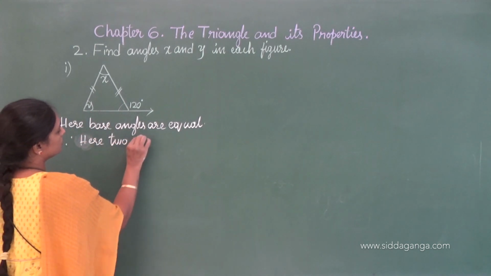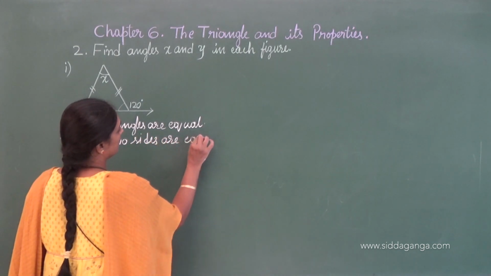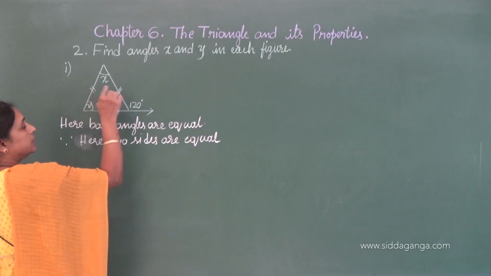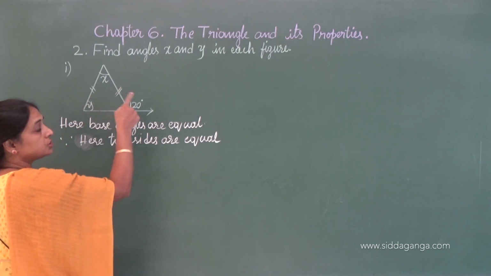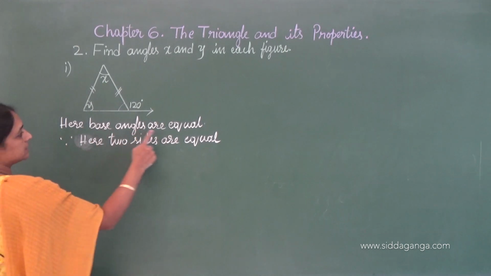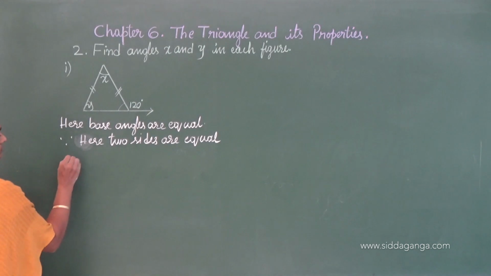Okay, so what can we tell? Where the two sides are equal, then the angles opposite to those two sides are also equal. That we wrote here.